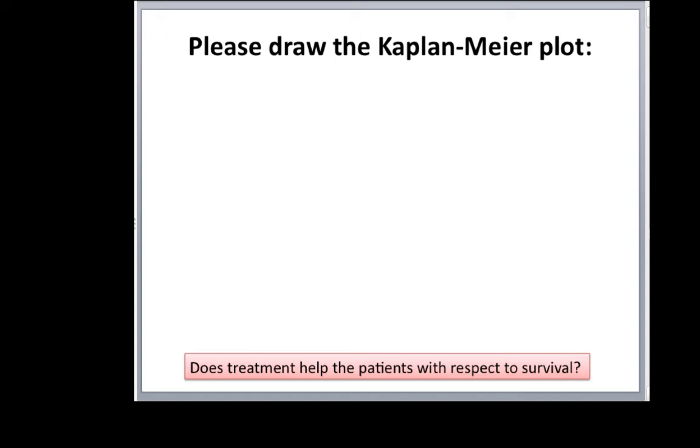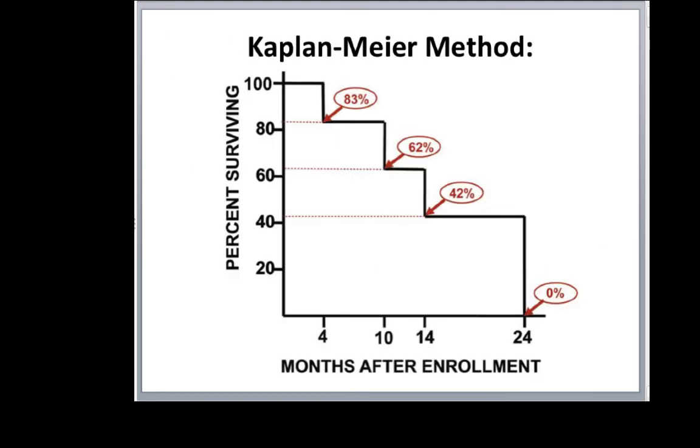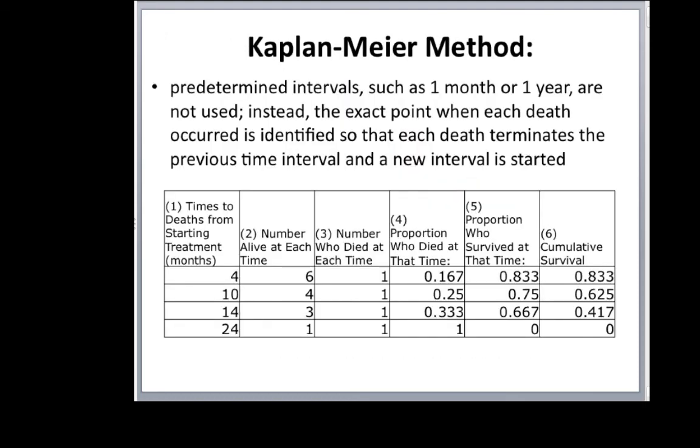All right, this would be percent survival or just cumulative survival. And you should be able to graph that on a graph. All right. So that's what I wanted to make sure I went through with you today.